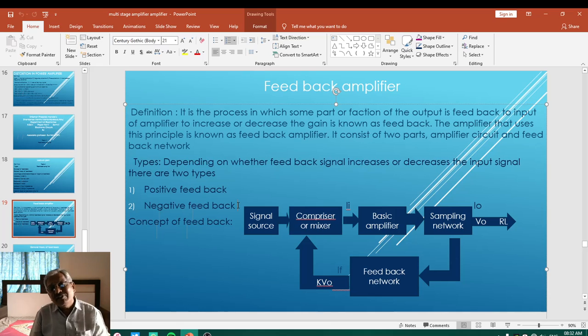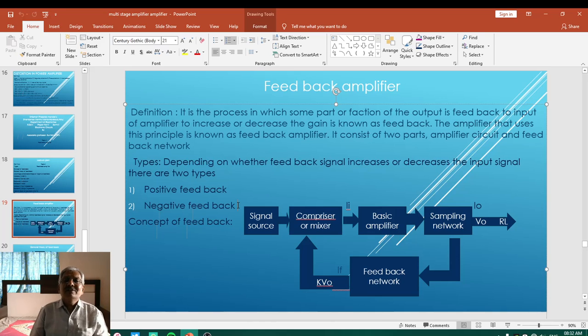If the feedback factor is negative, then and only then the feedback signal is out of phase with that of the input, hence it is subtracted from the input, hence it decreases the input signal. As the input signal decreases, naturally the output voltage also decreases, which in turn decreases the gain of the amplifier.